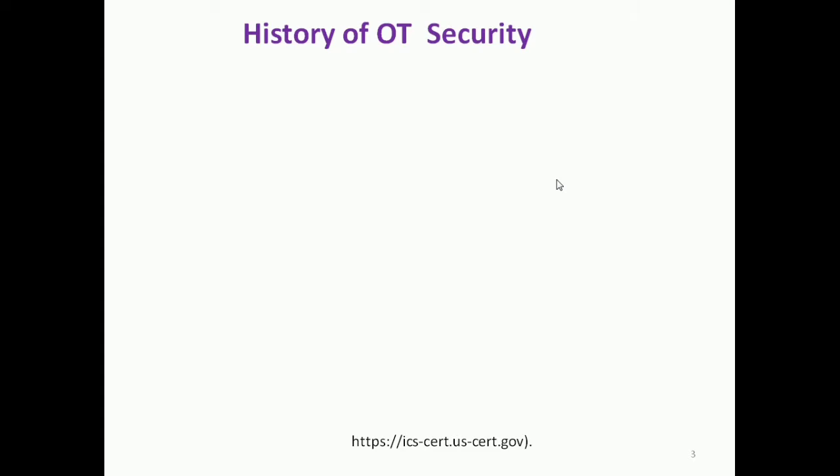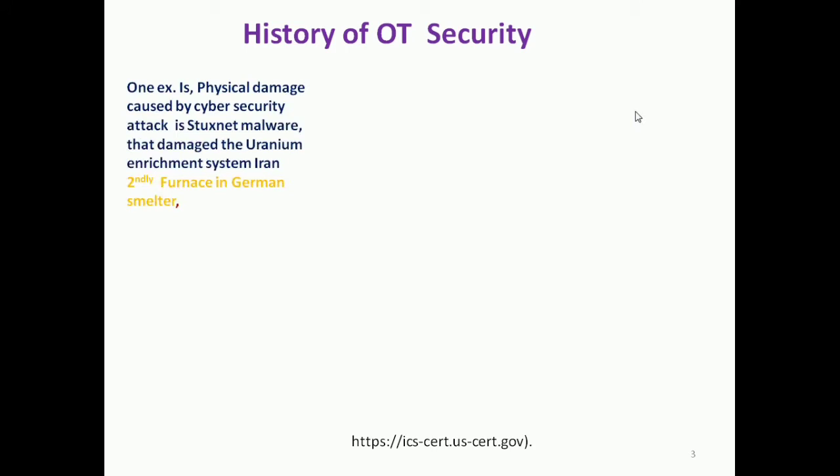Let us follow the history of operation technology security. There are several examples in the literature. One such example is the Stuxnet malware, which created physical damage through a cyber security attack that damaged the uranium enrichment system in Iran. The second one is a furnace in a German smelter.